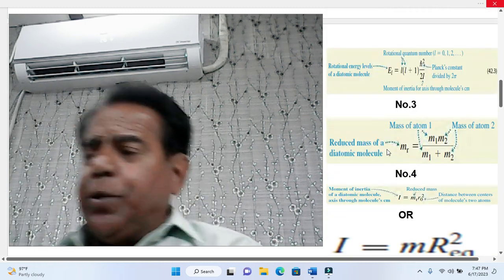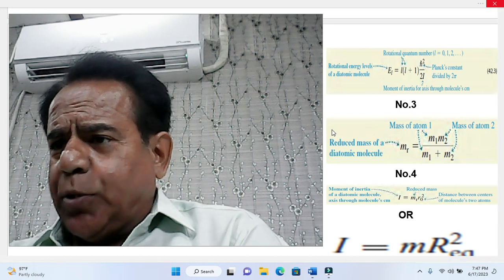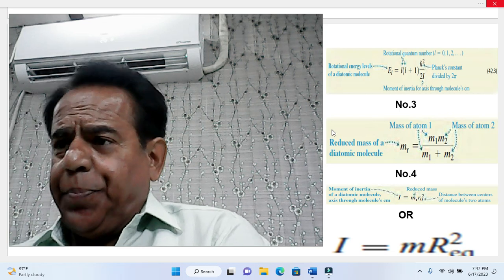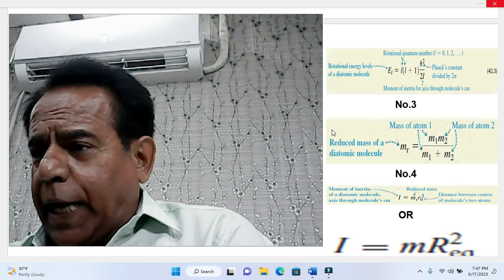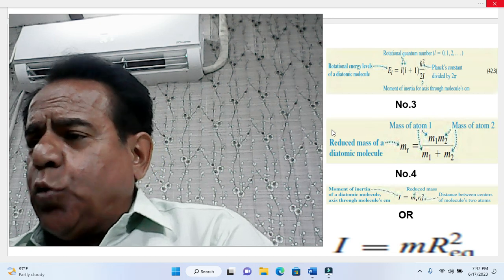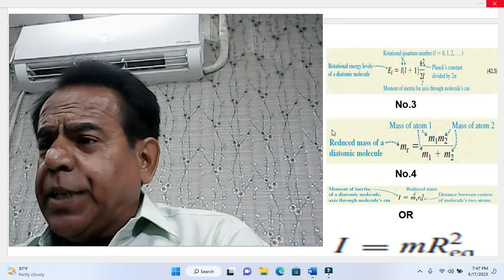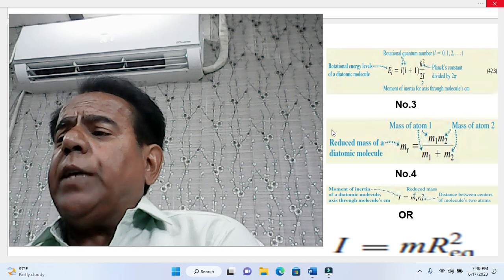In helping tool number 2, rotational energy levels of a diatomic molecule E_L, where L is written as a subscript of E, has been defined as being equal to L plus 1 H cut square over 2I, where L is the rotational quantum number. L has value 0, 1, 2 and so on.